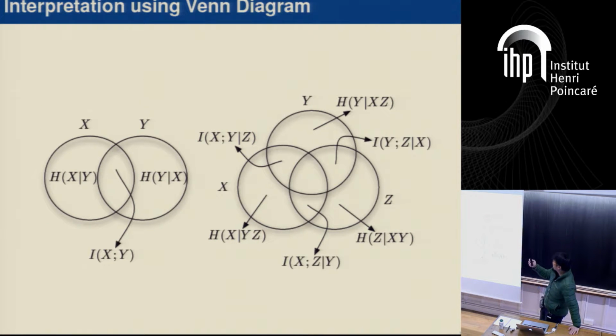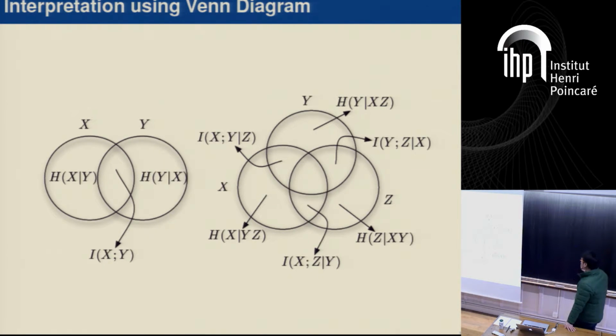You can interpret this term as the conditional entropy of y, given you know about x and z. Once you remove the information about x and z, this is the remaining information about y. You can talk about this part as the mutual information between y and z, given that you already know x. So this is I(y;z given x).